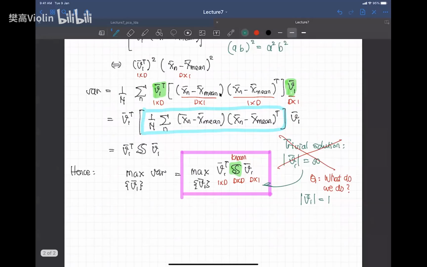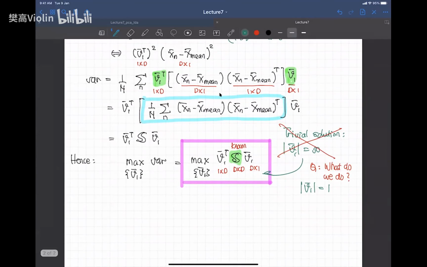So the magnitude of V1 equals 1, as a unit vector. This also implies that V1 transpose V1 equals what? Yes, equals 1. So we are maximizing this equation subject to V1 transpose V1 minus 1 equals 0.